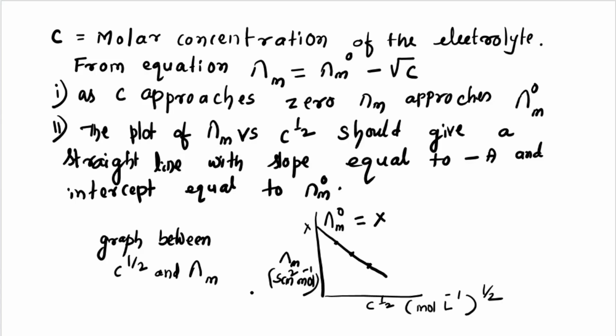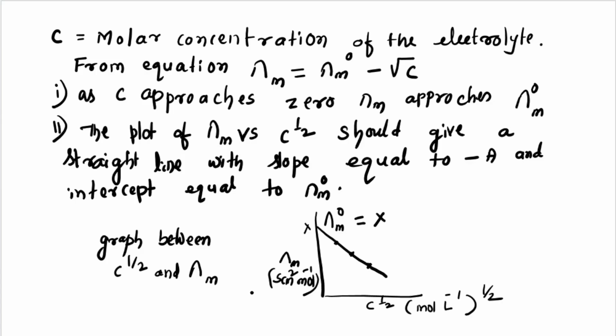Here you will see the graph. As C approaches 0, that means at infinite dilution, lambda m, the molar conductance, equals lambda m0. The plot of molar conductance versus C to the power half, that is root C, should give a straight line with slope equal to minus A and intercept equal to molar conductance at infinite dilution.